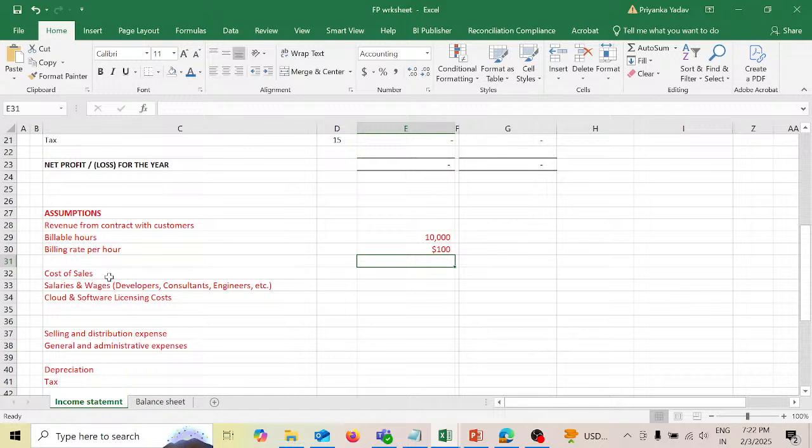Similarly, let's quickly make the other assumptions. Cost of sales, here is the bifurcation of the cost of sales. This totals up to 40%.